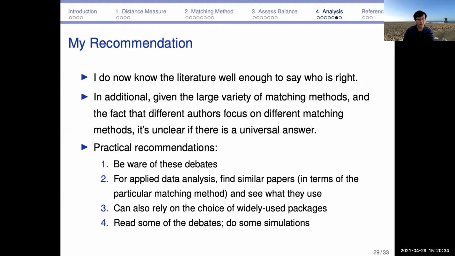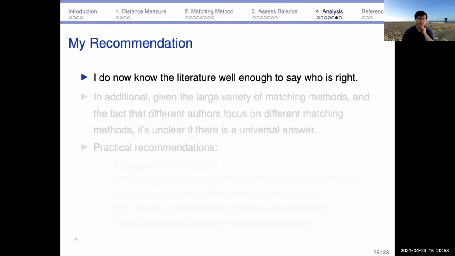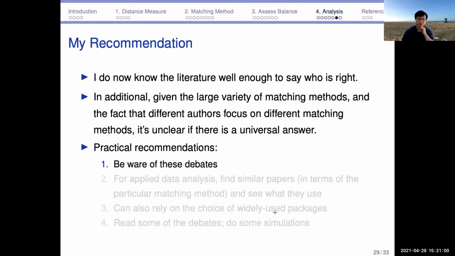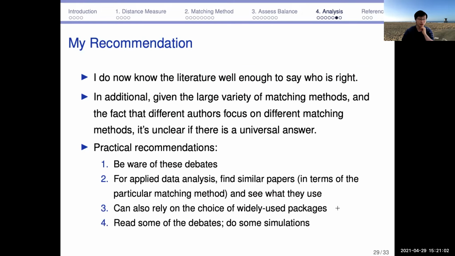Third, we can sometimes also rely on the choice of widely used packages. In the R code, I have included some R packages, and they use particular variance estimations from, I believe, the Abadie and Imbens paper. So that's another way to determine the choice.